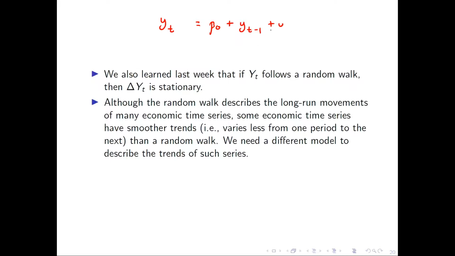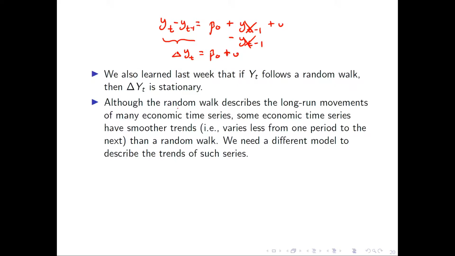So if you subtract yt minus 1 from both sides, these are negated, and you are left with the difference in yt equals beta naught plus u.